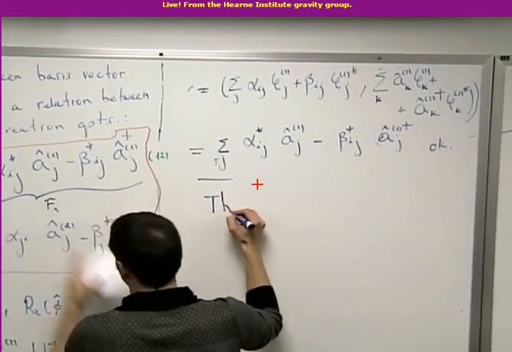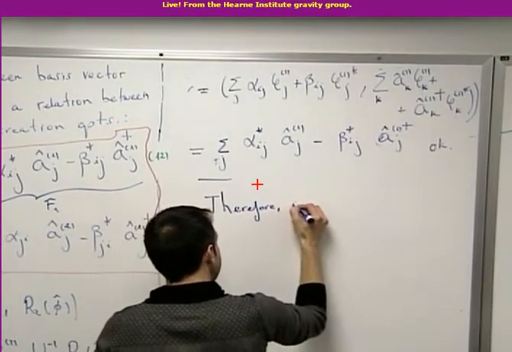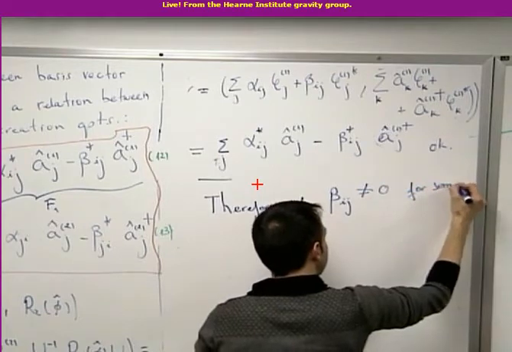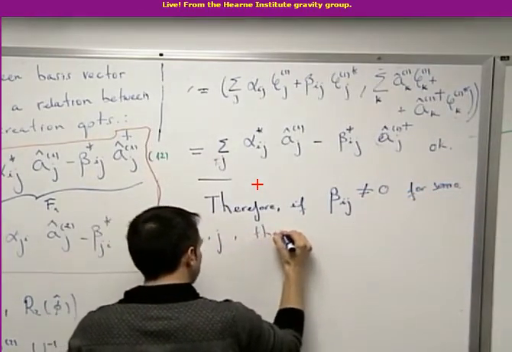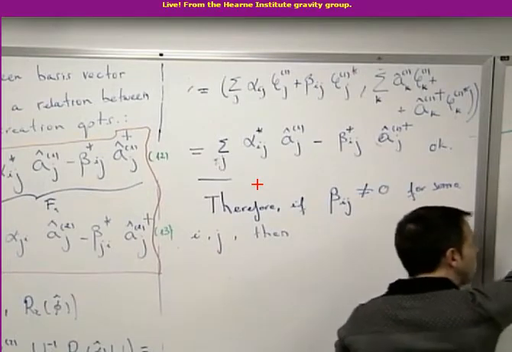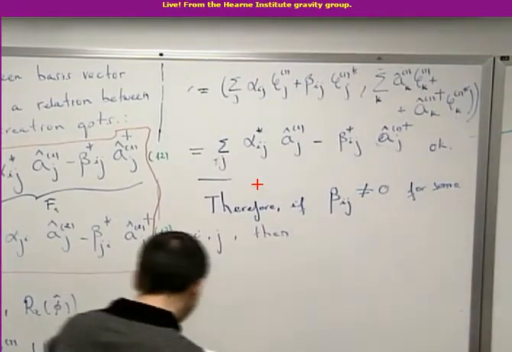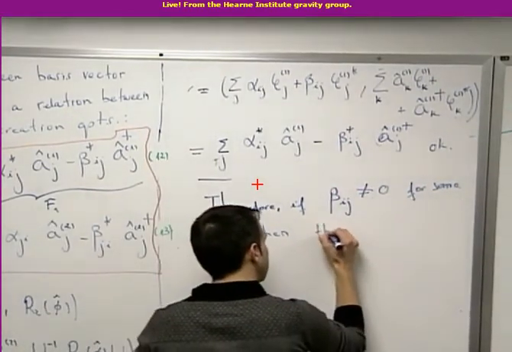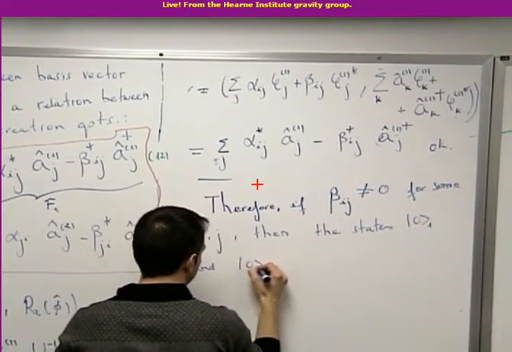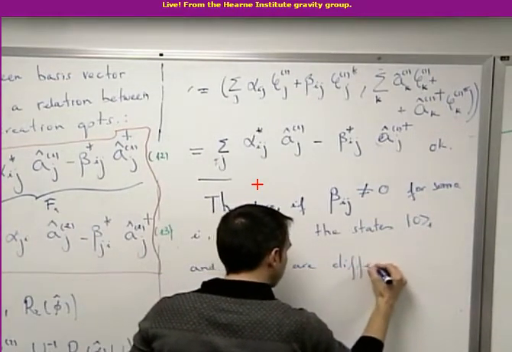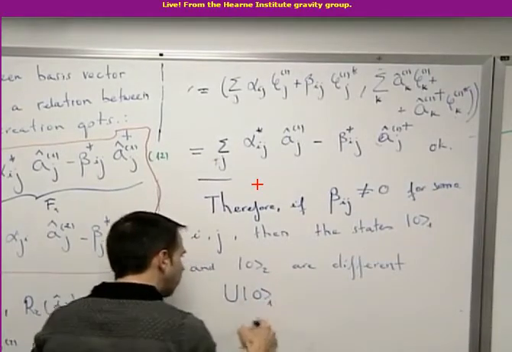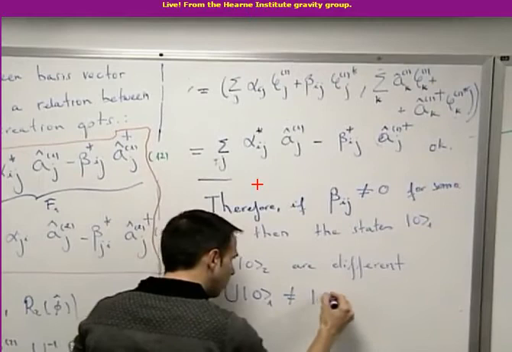So the conclusion is, therefore, that if the beta coefficients are different from 0 for some i and j, that is, if the positive frequency modes have some contribution from the negative frequency modes, then the states vacuum 1 and vacuum 2 are different states.